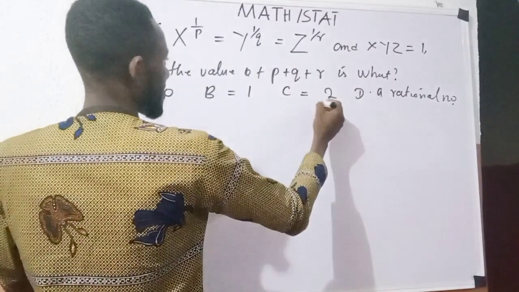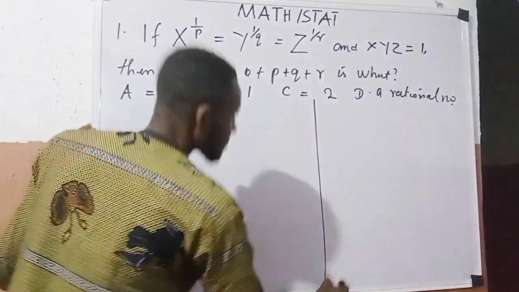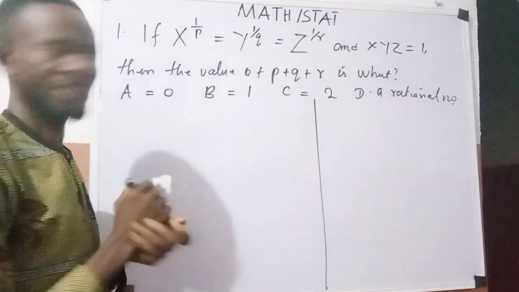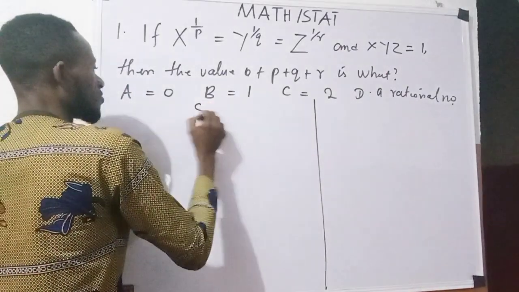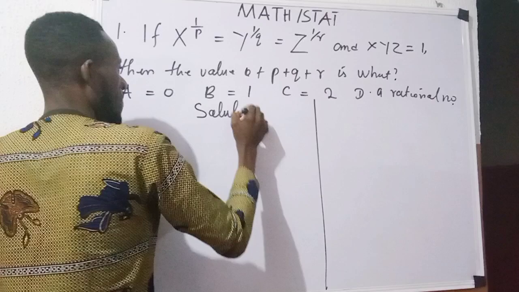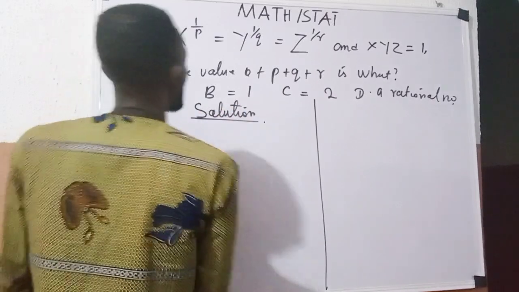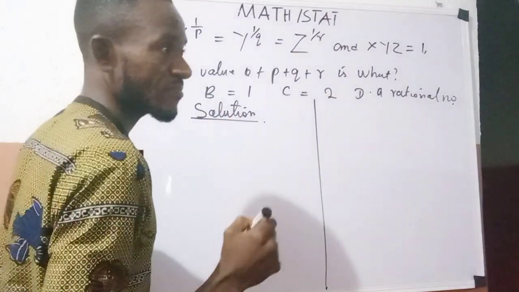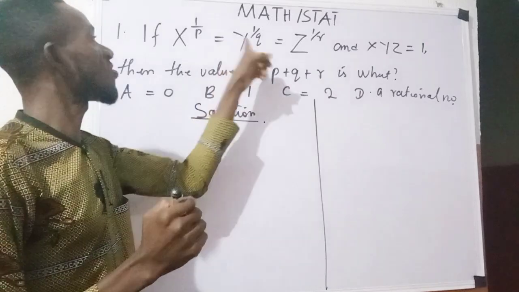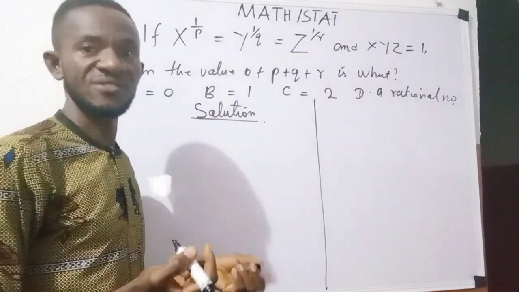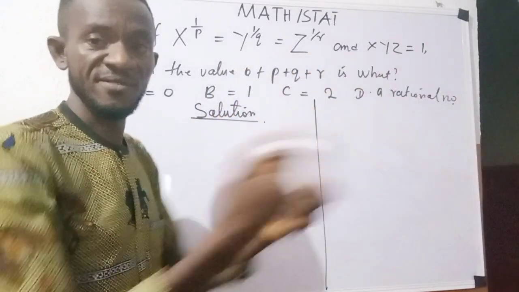Let me divide this here. So as a way of solution, we don't know what this is, we don't know what this is, we don't know what this is. So we can say, let them be something.